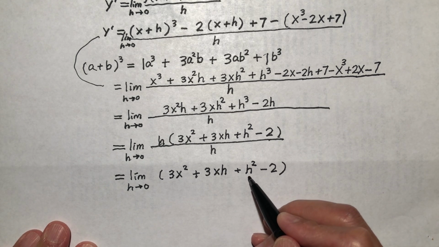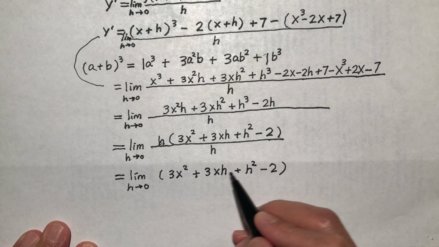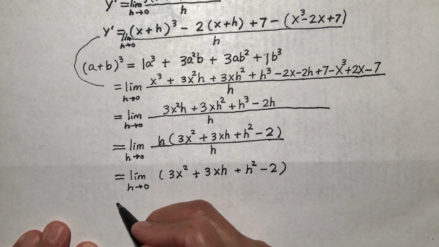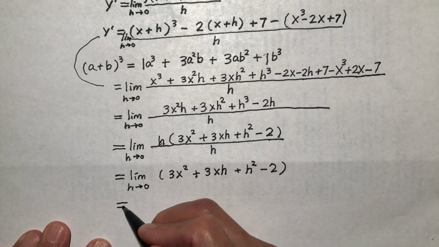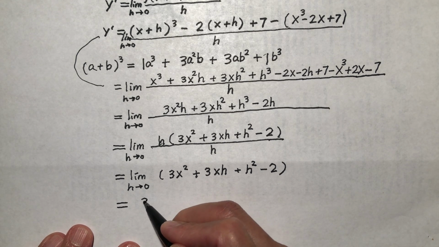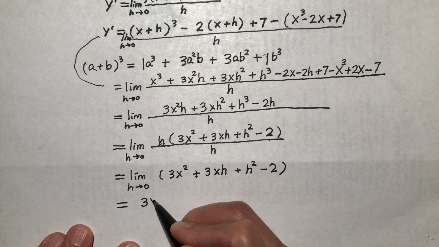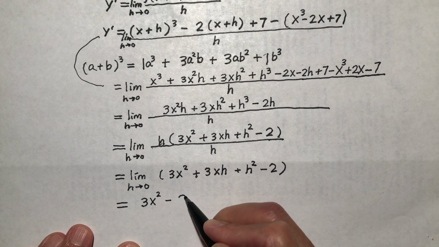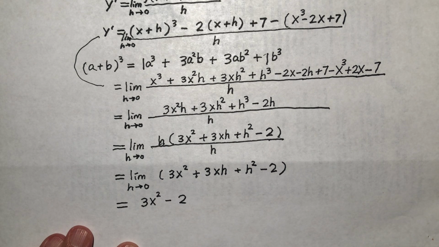This h goes to 0, so this is gone. So what I'm left with is 3x squared minus 2. Therefore, after I take the limit, I have 3x squared minus 2. This is my answer. So this is my derivative by using the definition of derivative.